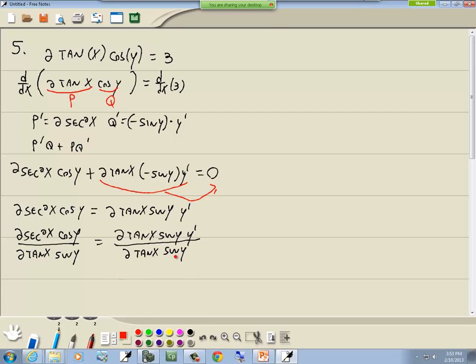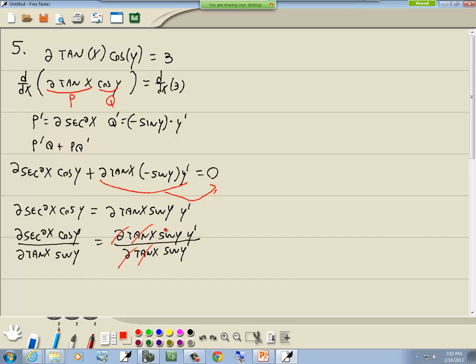Obviously you can't divide by this if sine y is equal to 0 or tangent x is equal to 0. So this would put stipulations on what x and y can be. That wouldn't necessarily be the stipulations up here, but for purposes of this class, we pretty well ignore that. Later on, you address that.